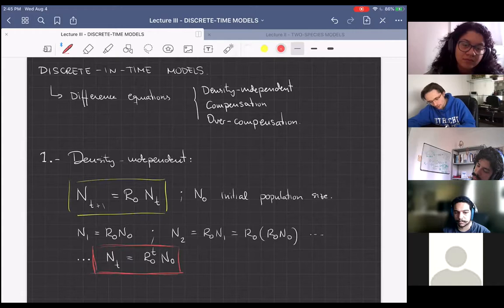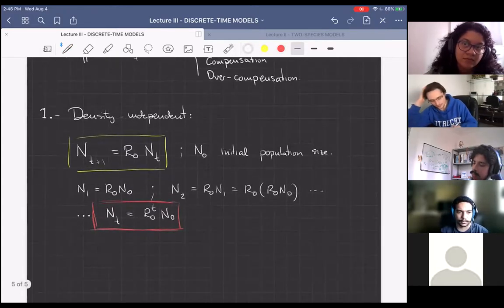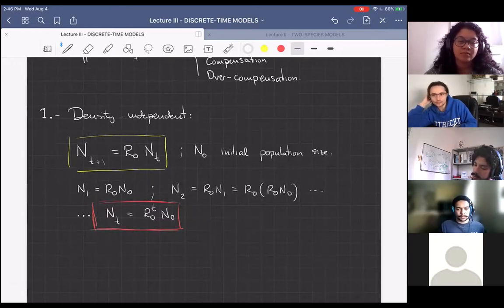Something that is already coming up here is that when we assume this discrete time and density independent reproduction, the population grows geometrically.